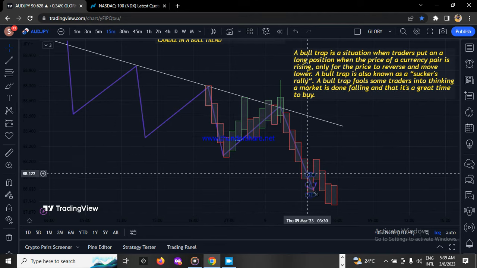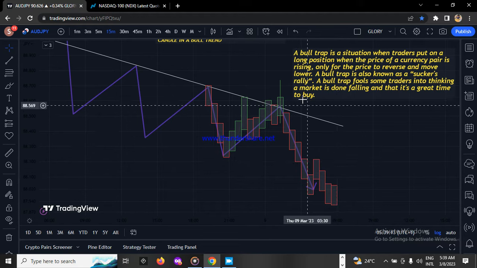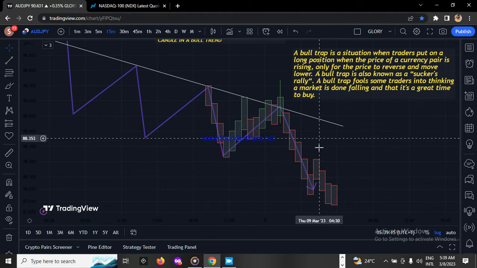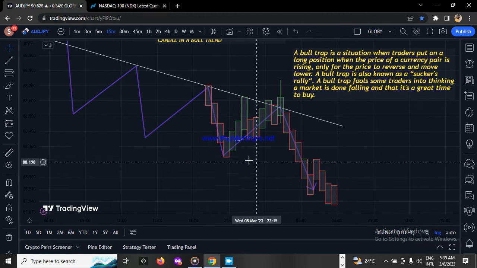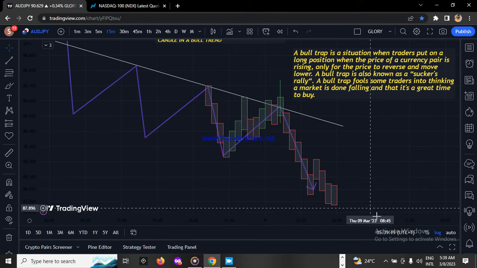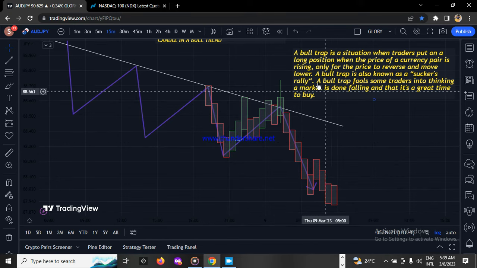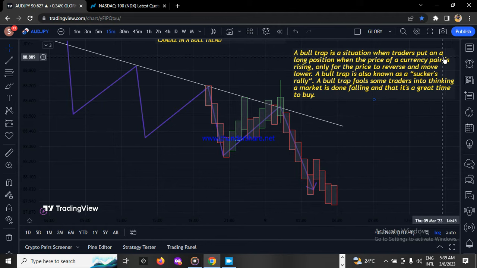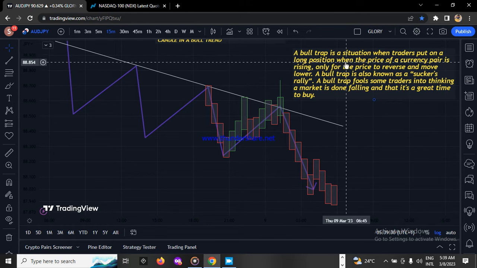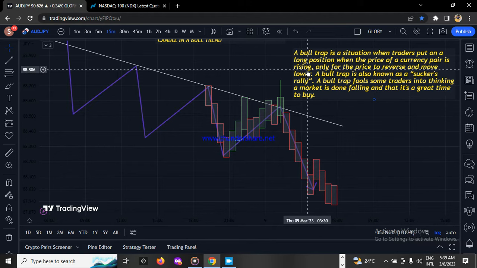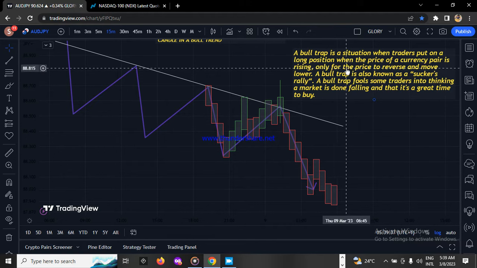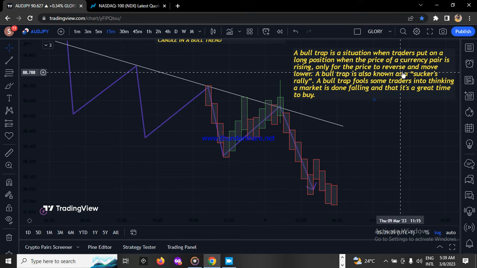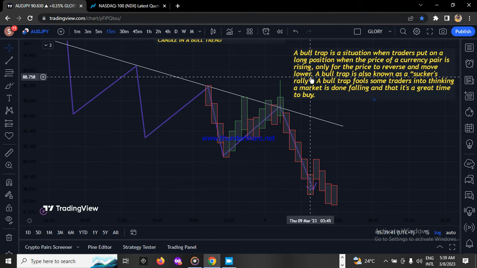But before we continue, let's go by the definition of a trap. A bull trap is a situation when traders put on a long position when the price of a currency pair is rising, only for the price to reverse and move lower.